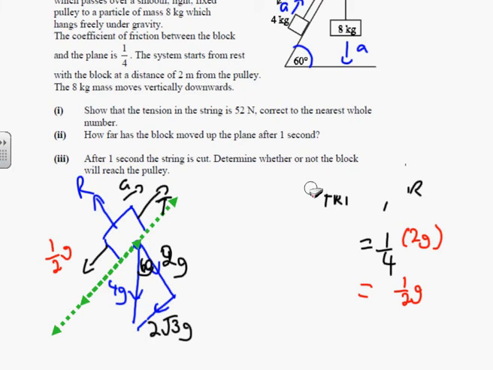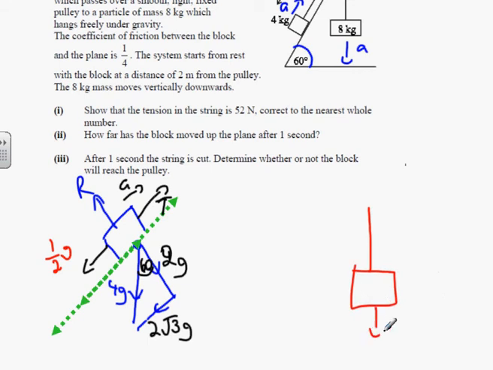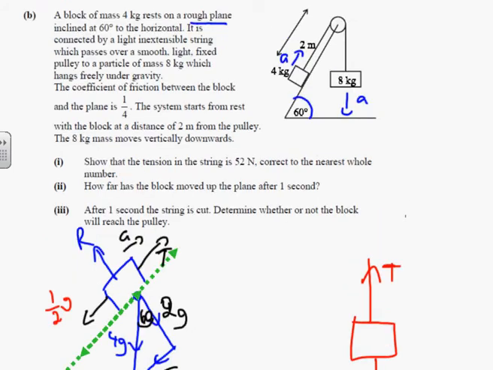Now, next thing we've got to worry about is the 8 kilogram particle. So the 8 kilogram particle is sinking downwards at 8G, and it's going up at tension T. Is that right? So T up, 8G downwards. Happy enough with that?